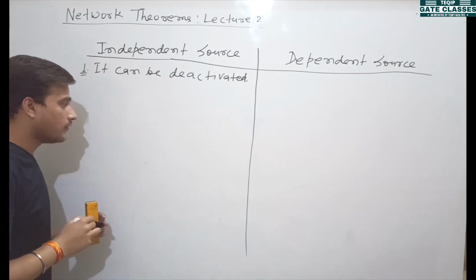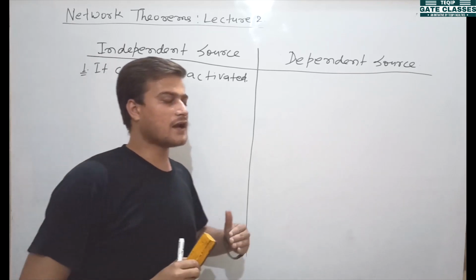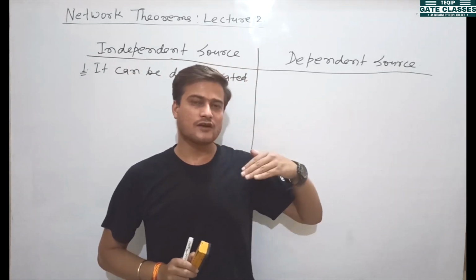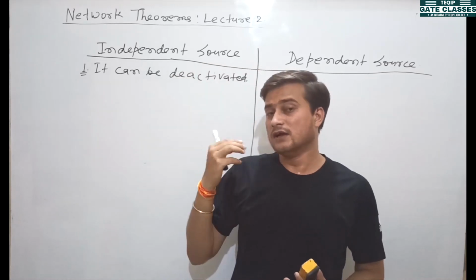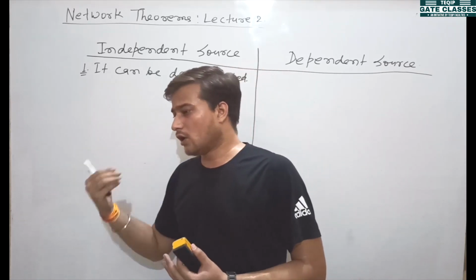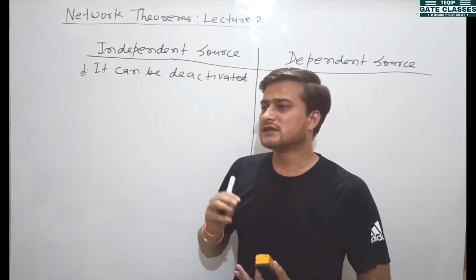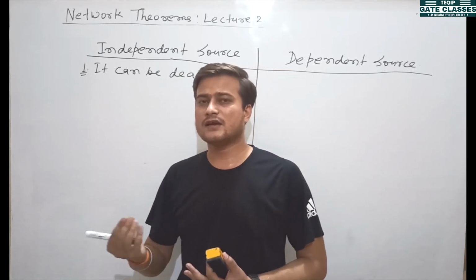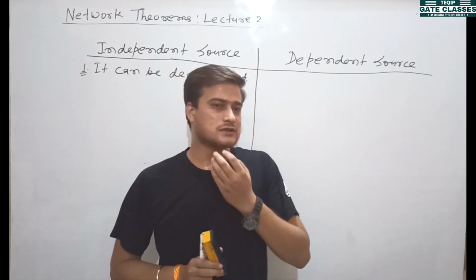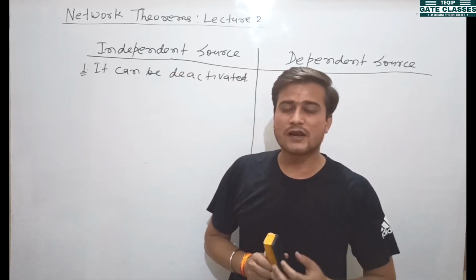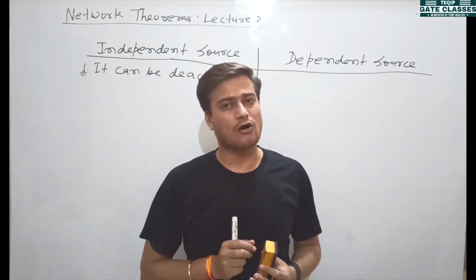What is the meaning of deactivation? When you study network theorems, you will see that in all the network theorems some of the sources are deactivated. That means voltage source will be replaced by short circuit and current source will be replaced by open circuit.